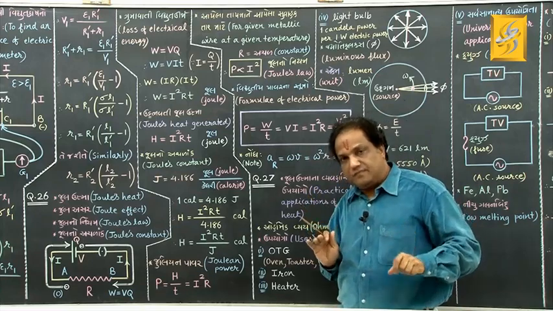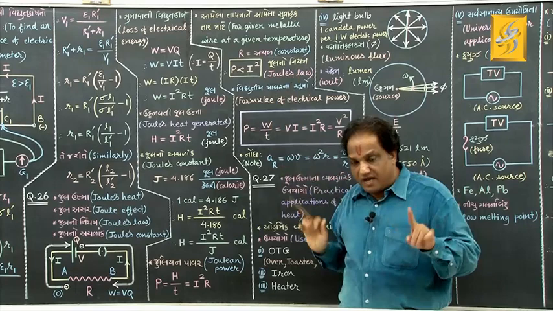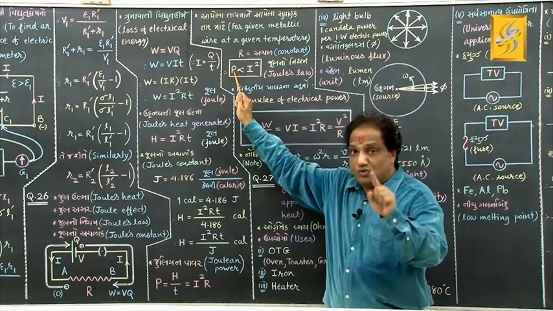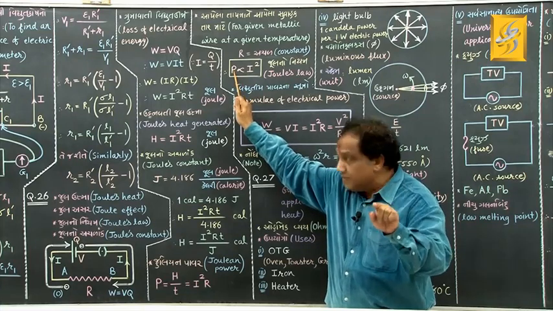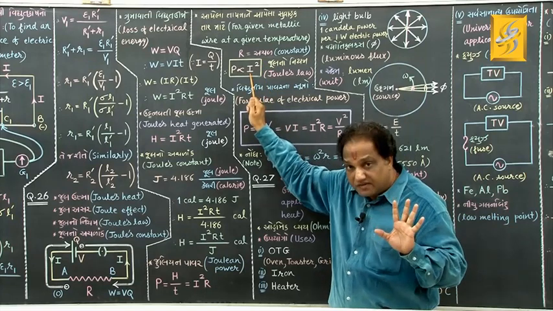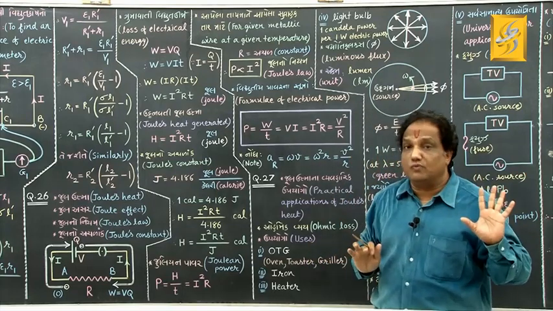I repeat, the amount of Joule heat generated in that wire per unit time is directly proportional to the square of that steady current.